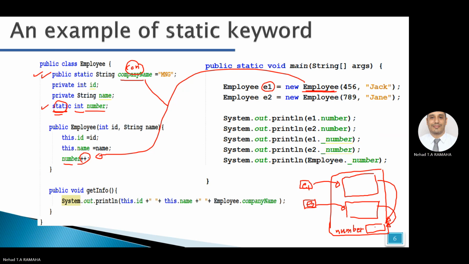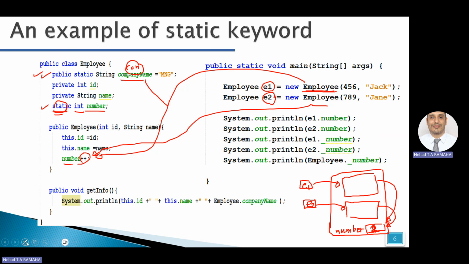So the default value is 0, it becomes 1. When we create object E2, we use the constructor Employee also. It increases number by 1. So it was 1, it becomes 2. So all the objects use the same data, and the effect from one object will appear for the next object, and so on.